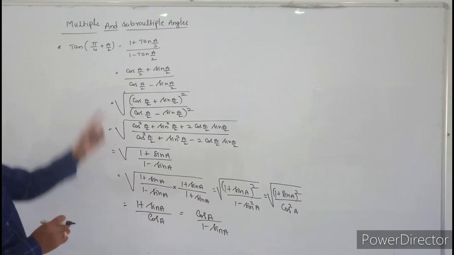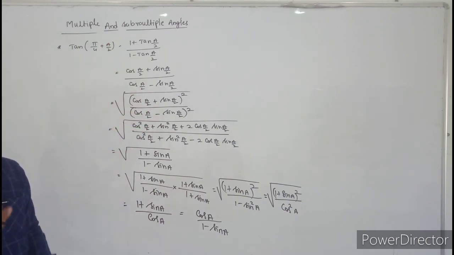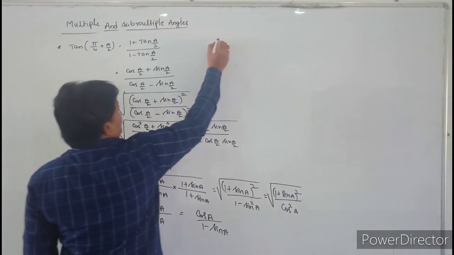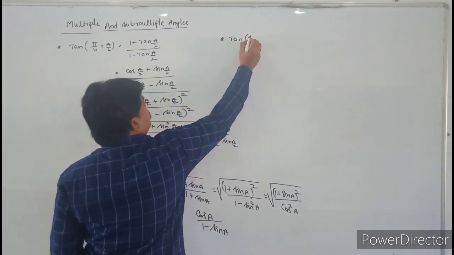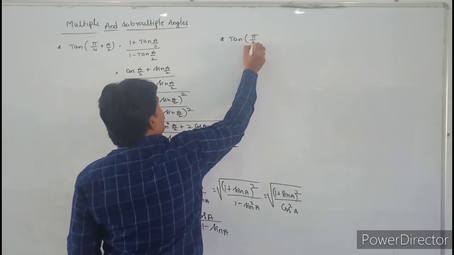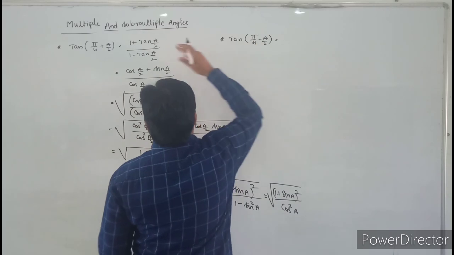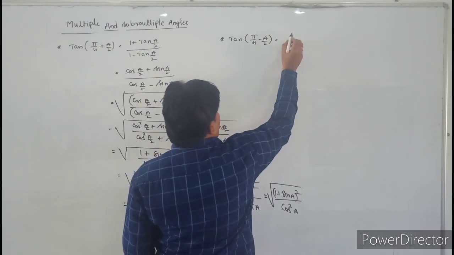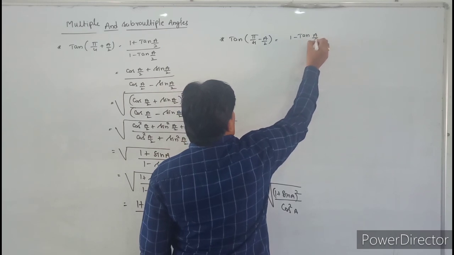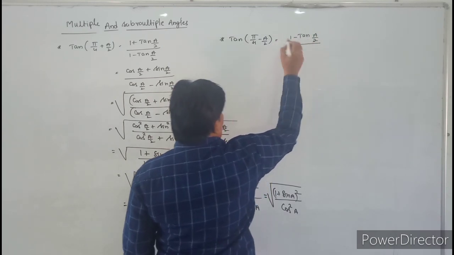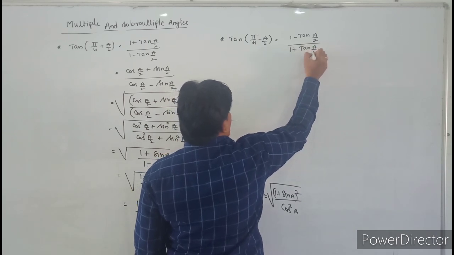In a similar way, tan of pi by 4 plus A by 2, you can take tan of pi by 4 minus A by 2 also. What is that formula? The same formula, so you will get tan of pi by 4 minus A by 2. Same formula, tan of A minus B formula, students. It will become 1 minus tan A by 2 by 1 plus tan A by 2.